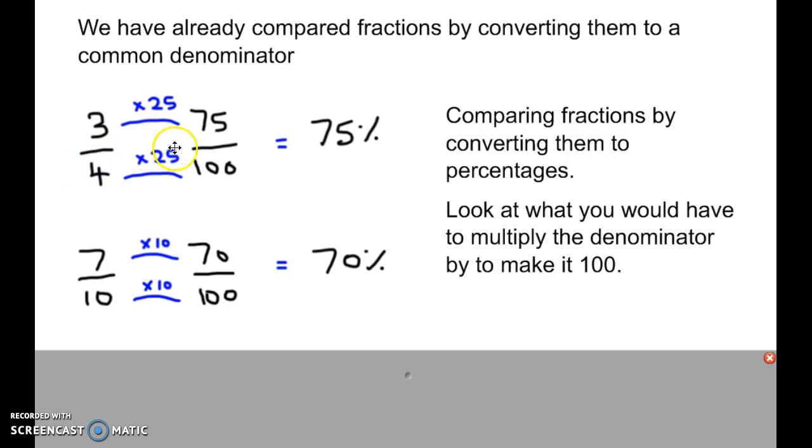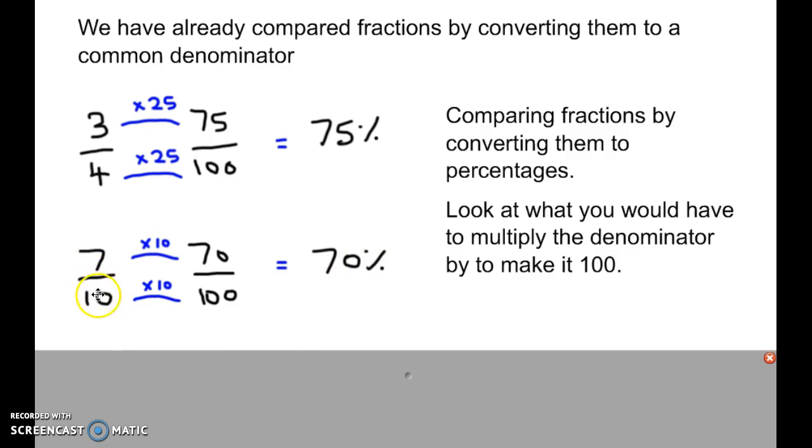Well, 4 goes into 100 25 times, so if I multiply the numerator by 25 as well, I get 75 over 100. And the idea behind making a fraction out of 100 is that a fraction out of 100, that's what a percentage is. So if you can aim to create an equivalent fraction with a denominator of 100, the numerator will be your percentage.